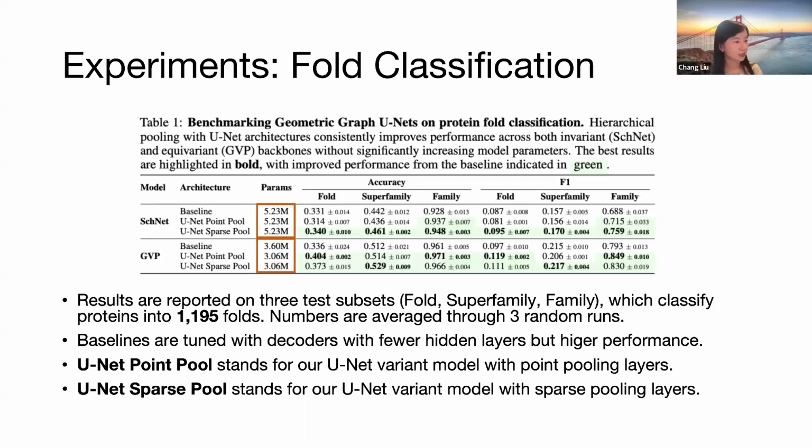And in our experiment, we first tuned the baseline's performance. So the numbers of SheNet and GVP here are higher than their numbers in the protein workshop paper or even their original paper. And from the table here, we can see UNet point pool and UNet sparse pool.